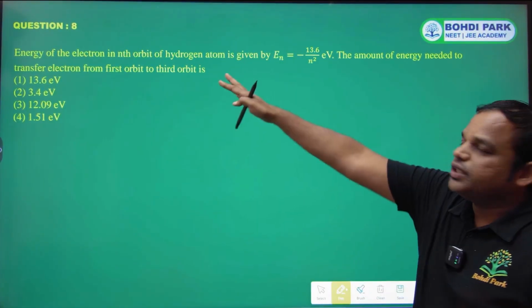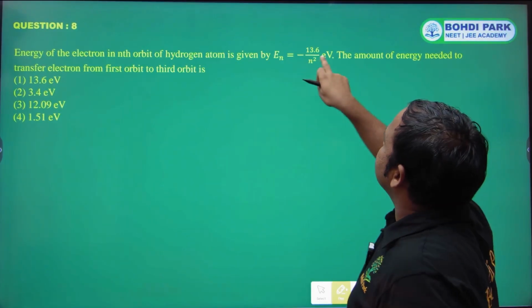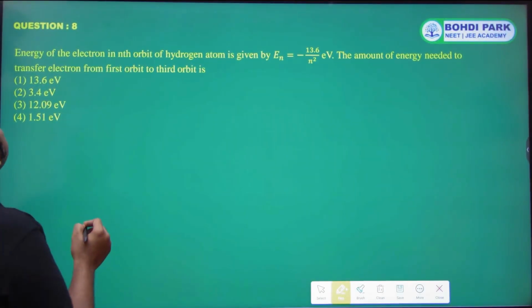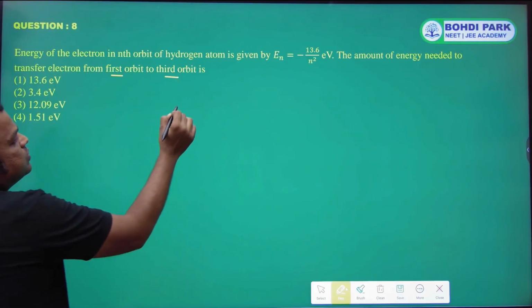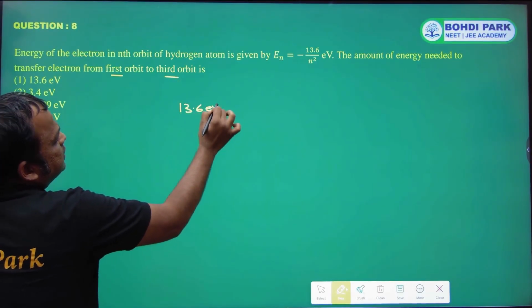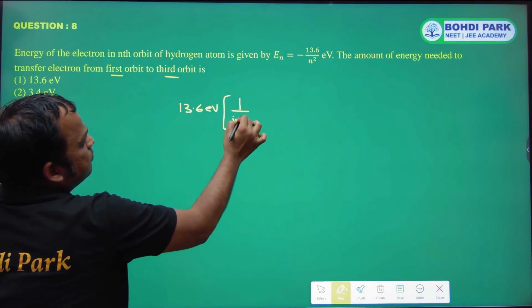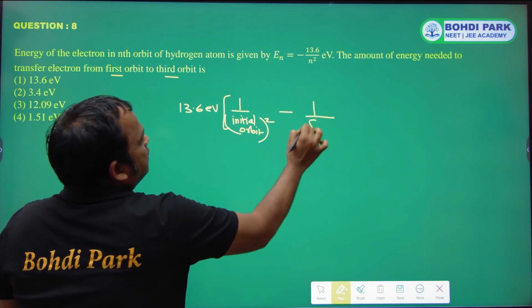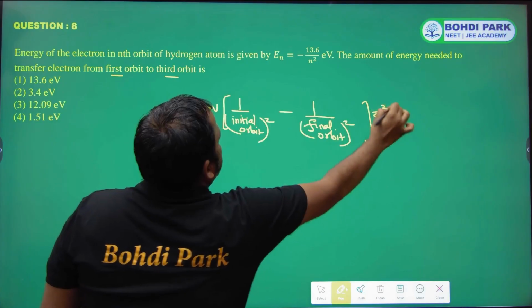Next, question number 8. Energy of electron in nth orbit of hydrogen atom is given by minus 13.6 by n square electron volt. The amount of energy needed to transfer electron from first orbit to third. So we have the formula 13.6 electron volt into 1 by initial orbit square minus 1 by final orbit square into Z square.